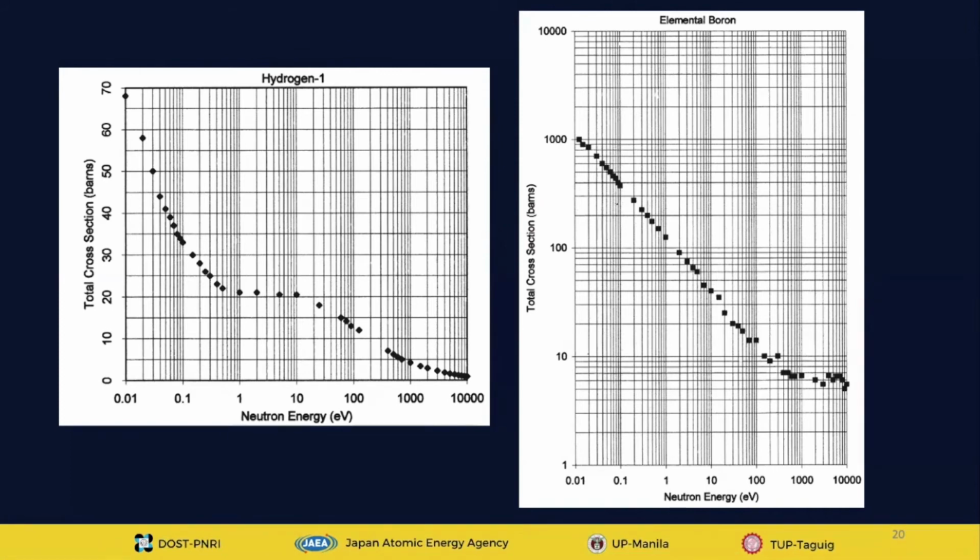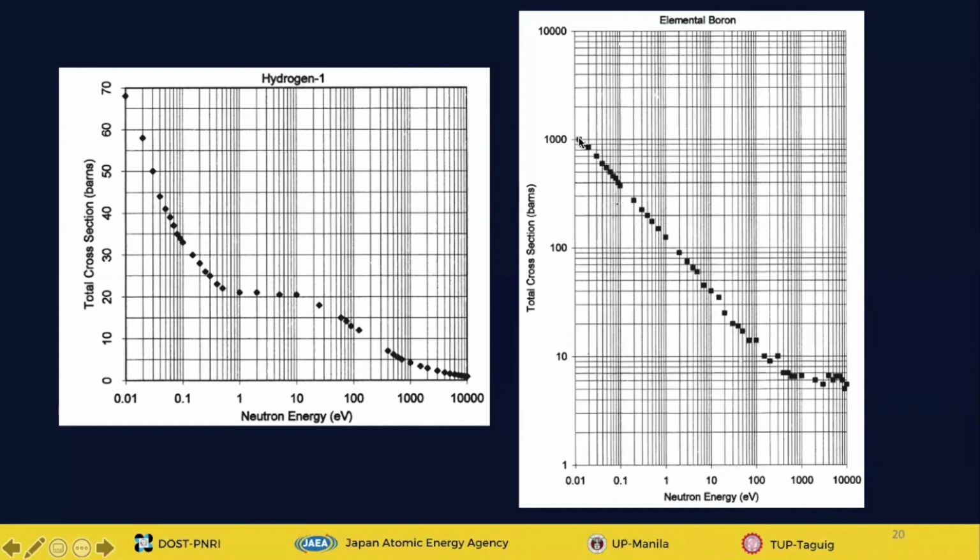This inverse proportionality of cross-section and neutron velocity is particularly pronounced in certain regions of energy, as illustrated in these curves. So, for instance, in hydrogen, it's more pronounced in this area, and then it plateaus along this energy range, and then follows the same relationship again.